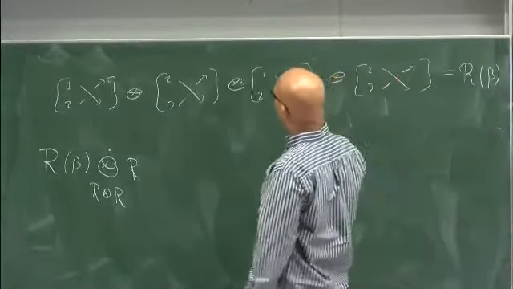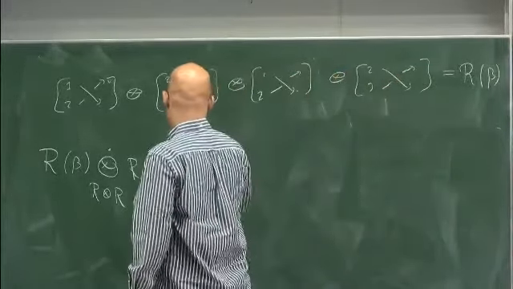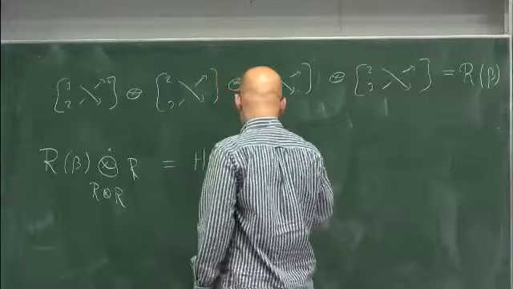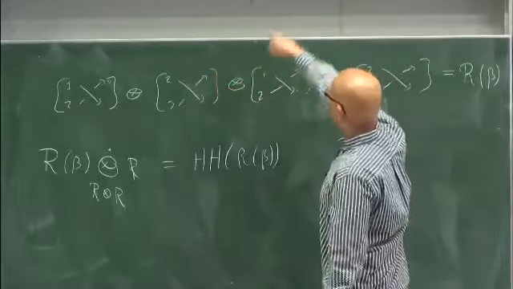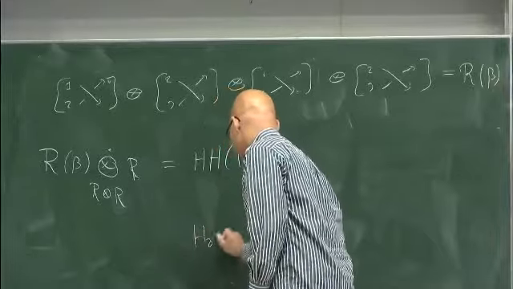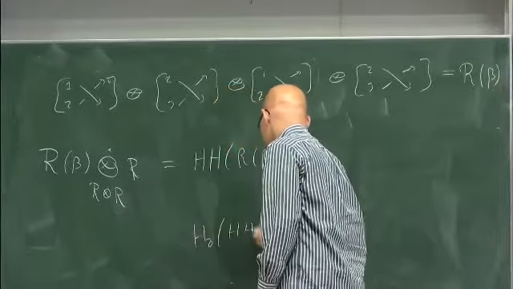Okay. And let's call this HH, the Hochschild homology of R beta. This thing had a differential, and so now I take homology with respect to that.